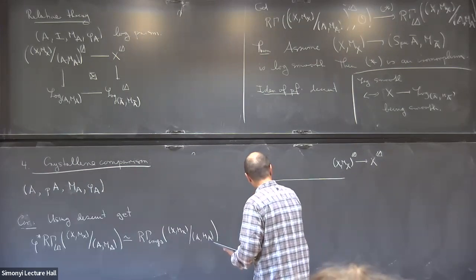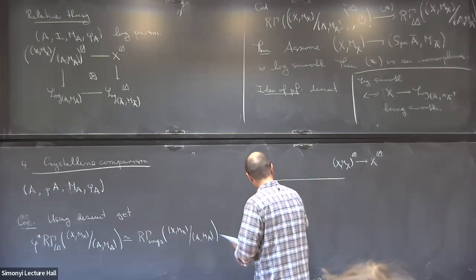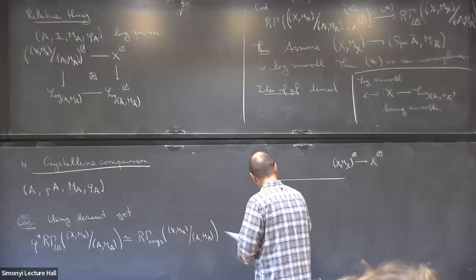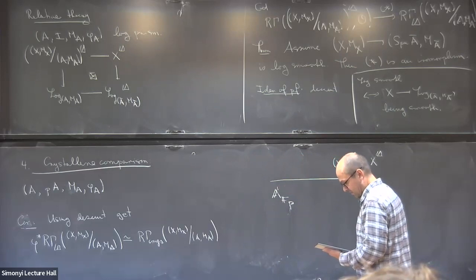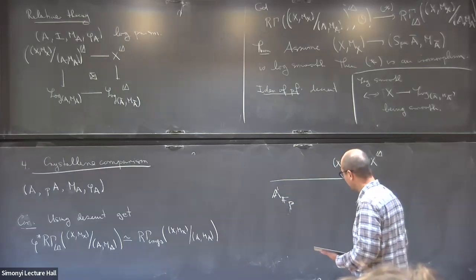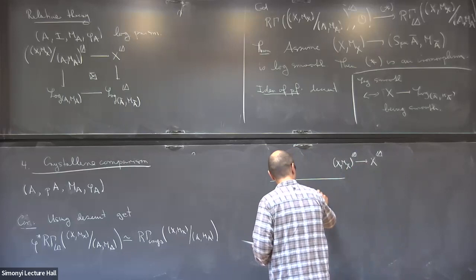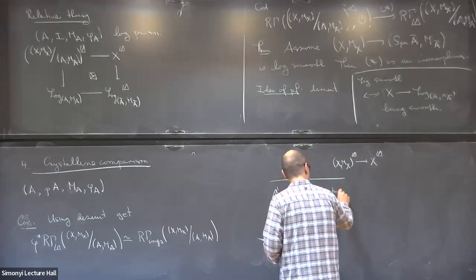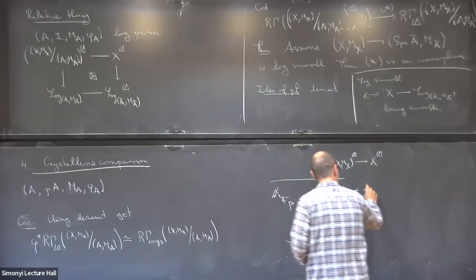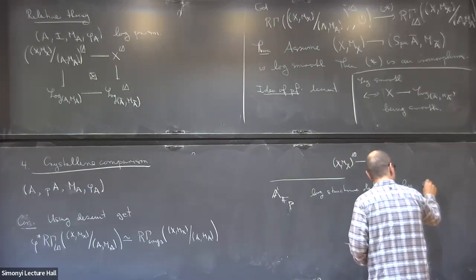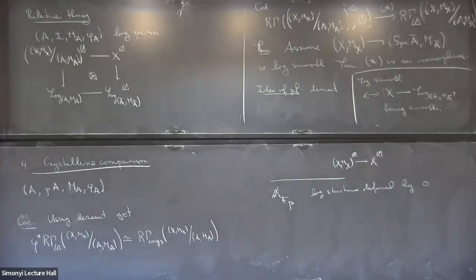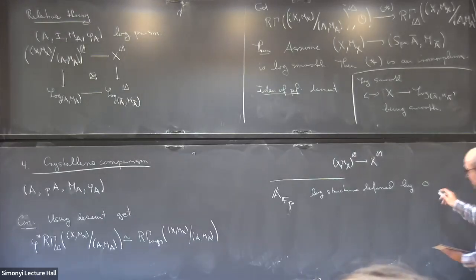Let me do A1 over F_p with log structure defined by 0. First, we have a divisor. We have the line bundle coming from 0. So there are two ways you can do it.